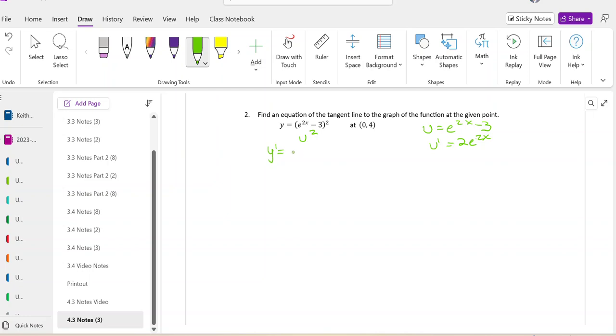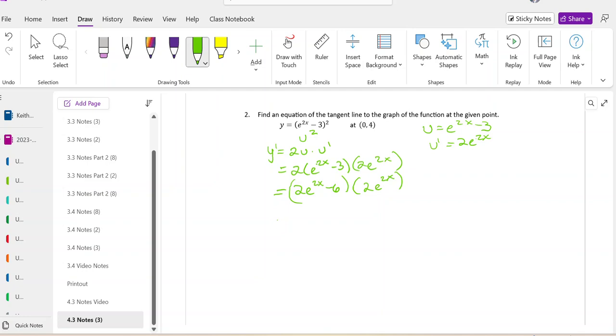So when you take the derivative here, it's going to be 2u times u prime, which means it's 2 times e to the 2x minus 3, and then it's going to be times 2e to the 2x. So when you distribute the 2 first, you get 2e to the 2x minus 6 times 2e to the 2x.